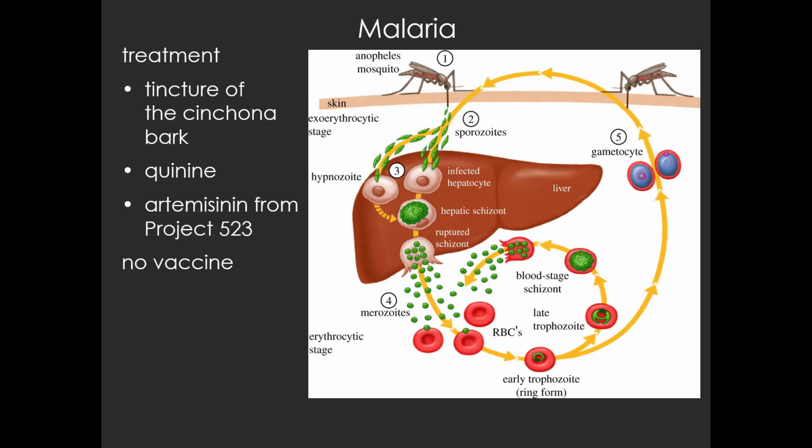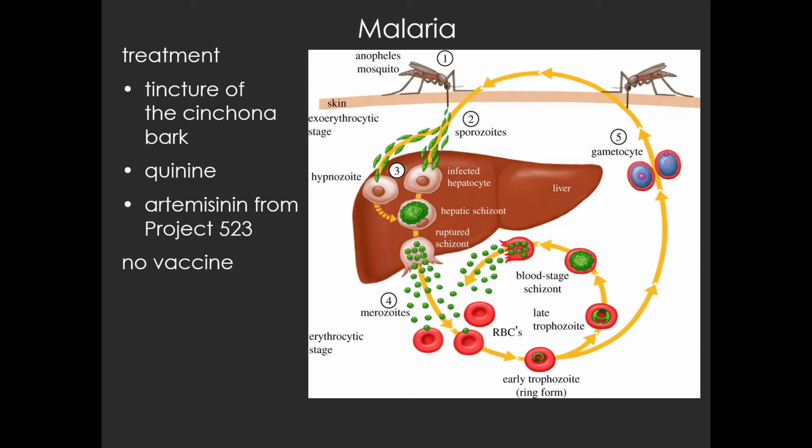So malaria is transmitted through the bite of a mosquito who injects sporozoites from its saliva into the body, which migrate to the liver, where they undergo part of their life cycle. They become hypnozoites in infected hepatocytes, and then those hepatocytes rupture, releasing merozoites into the bloodstream, which attach to red blood cells and enter them and go through these trophozoite stages and then ultimately become gametocytes.